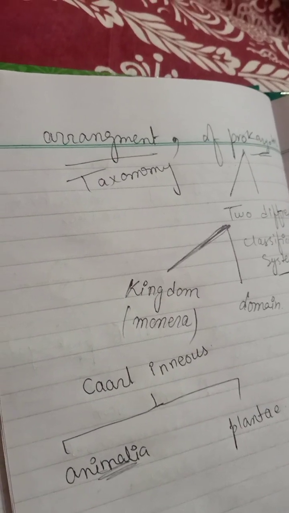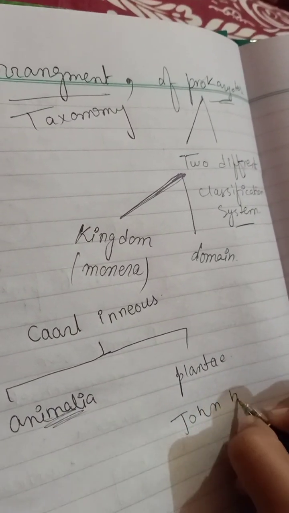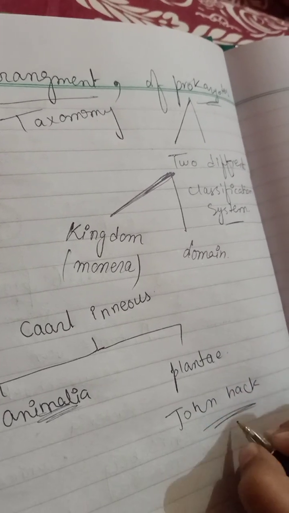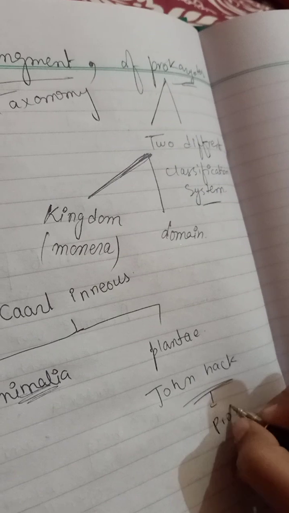After that there was a scientist, John Hogg. He introduced a new kingdom, that was Protista.